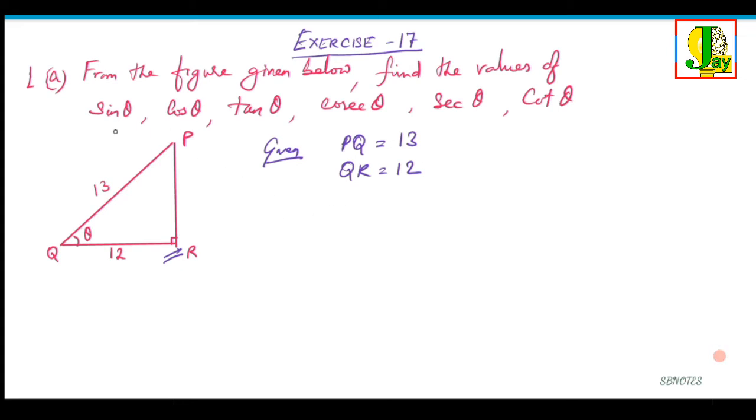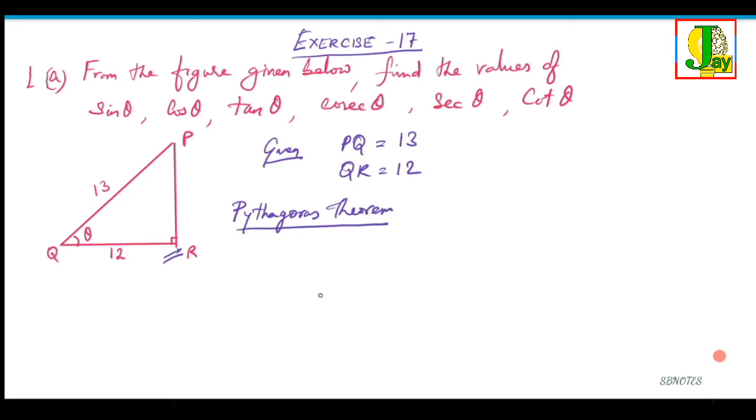Now to find all the ratios, we should know all the three sides. There are two methods to find all the ratios here. The first one I'm doing right now. Let us first use Pythagoras theorem to find the third side.